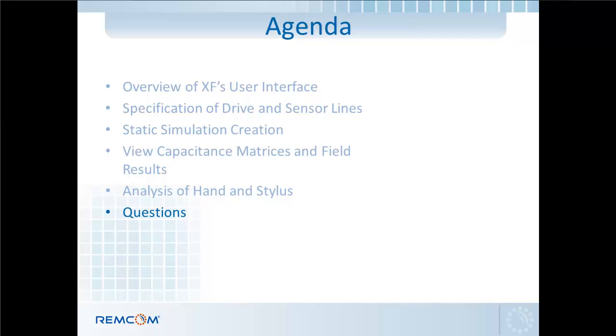Once that simulation was finished running, we had time to look at the results, both the capacitance matrix, but then the electric field and voltage distributions. And then in the end, we just quickly went over some more advanced cases where we're looking at a more complicated phone model with hands, where we were looking at repositioning a 1 millimeter stylus.